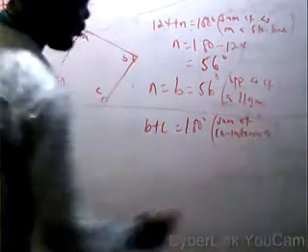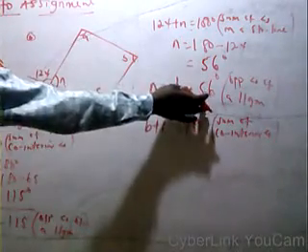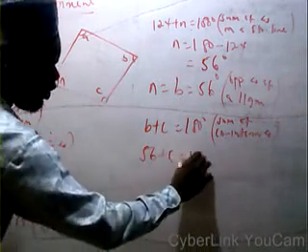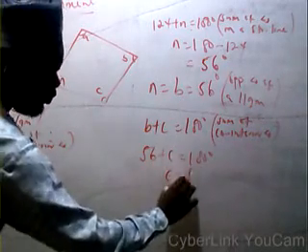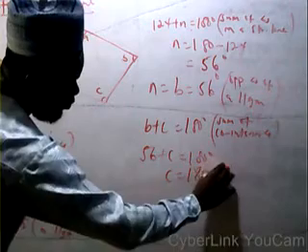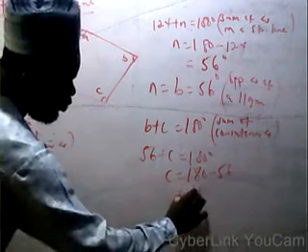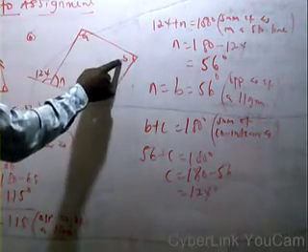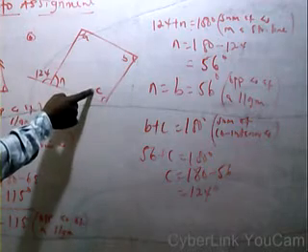What is b? b is 56. So we have 56 plus c equals 180 degrees. So c becomes 180 minus 56 degrees, and that is 124 degrees.